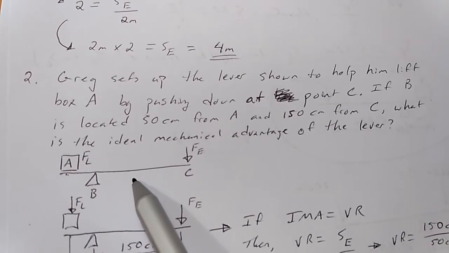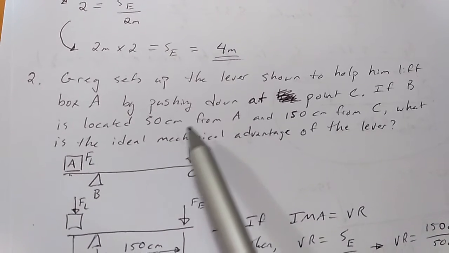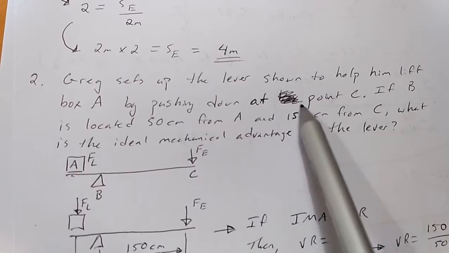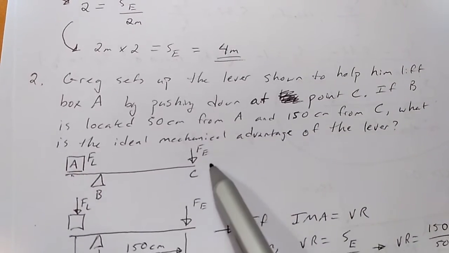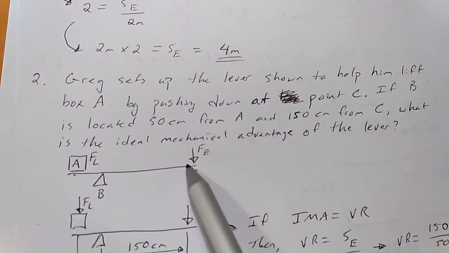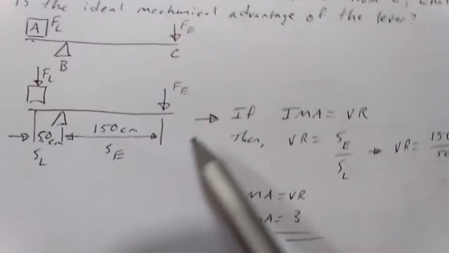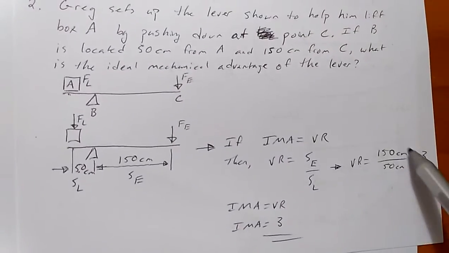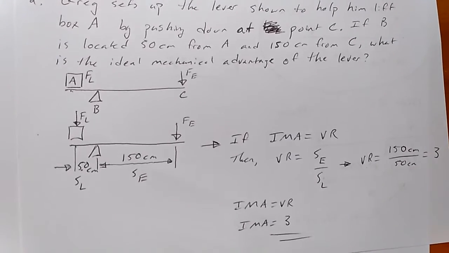We know the velocity ratio, right? And that is 150 for the effort divided by 50 for the load. So that means it's a velocity ratio of approximately 3. Okay.